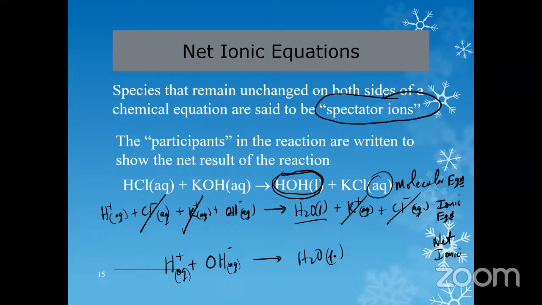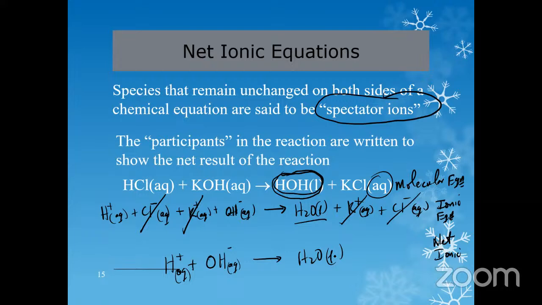The potassium hydroxide will undergo complete dissociation, so therefore it's a strong base. The water will not, because the water is in a molecular state. And the potassium chloride, because it has an aqueous symbol beside it, we can assume that that will also undergo complete dissociation.